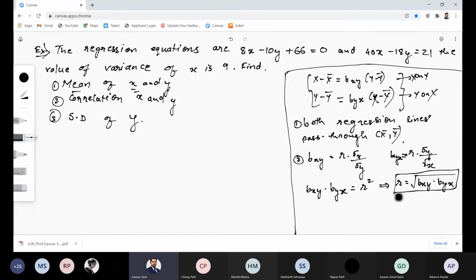So the correlation I'll get from this. One more thing I want to recall, that R is between minus 1 and plus 1. So I have to take the lines in such a way that this product has to lie between minus 1 and plus 1.